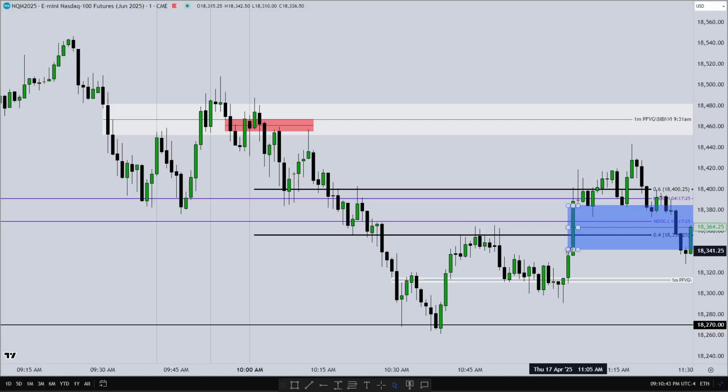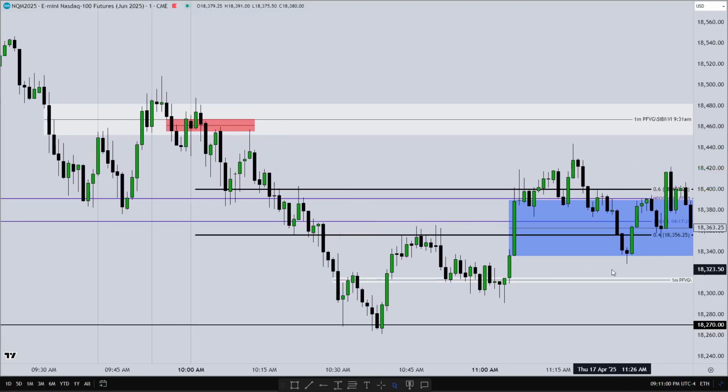We draw from the high, and actually I'm missing the volume imbalance on that. There we go. From the high to the low of the classified fair value gap coupled with the volume imbalance. Keep going, keep going.